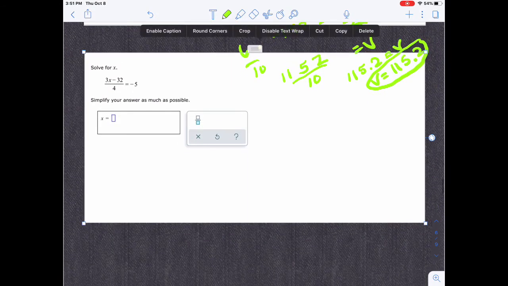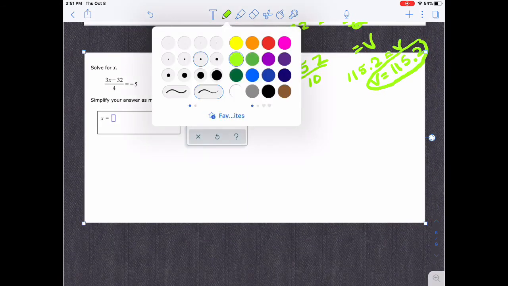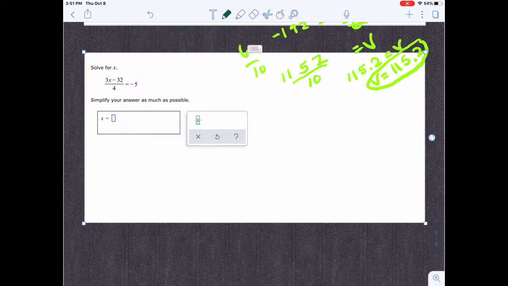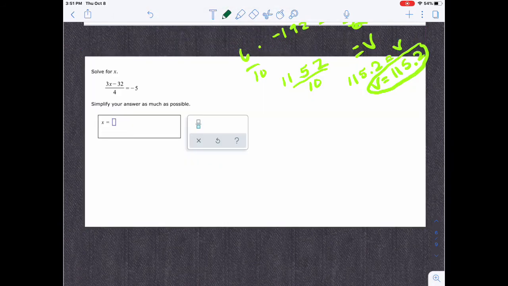All right, let's look at this baby. I don't know, switching colors makes me feel better. Okay, so again, think about what's on the top here as being in parentheses. Let's get rid of this 4 by multiplying by 4.